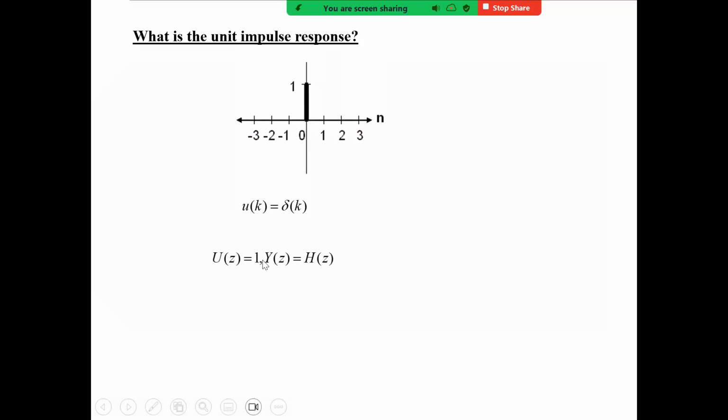So the input is 1 in the Z domain, and the output is the transfer function times 1. So actually, the output is the transfer function. In other words, the transfer function is the unit impulse response in the Z domain. Remember, for the Laplace transform in continuous time, we have the same conclusion, just that it is for the impulse response when the input is a delta signal.